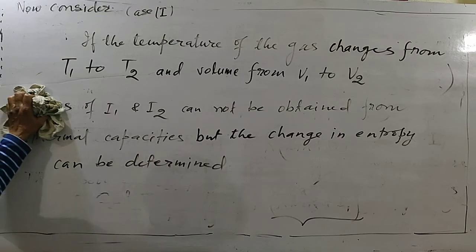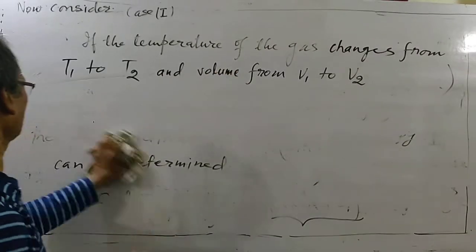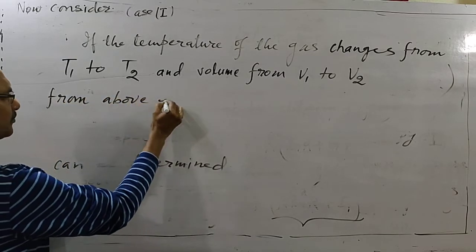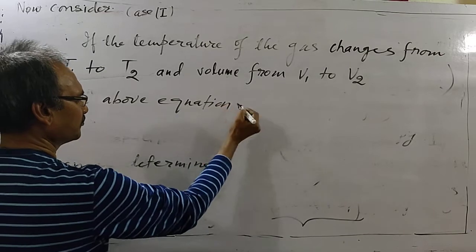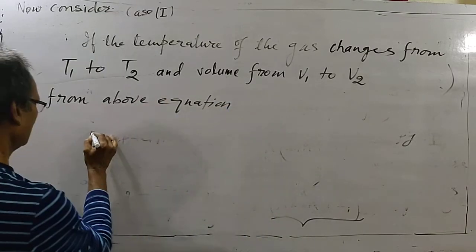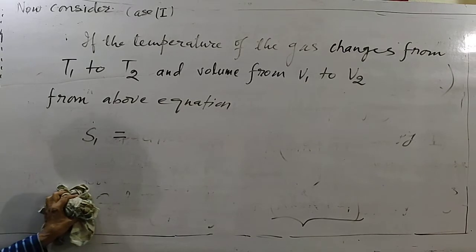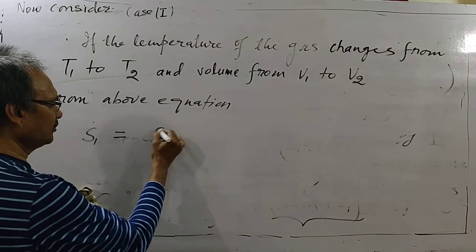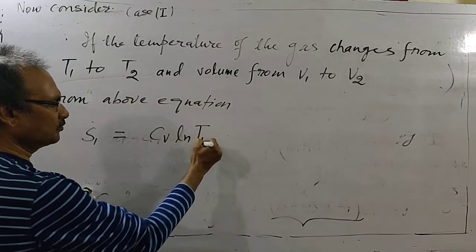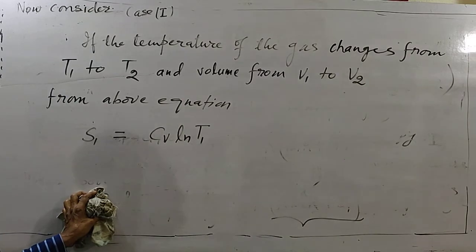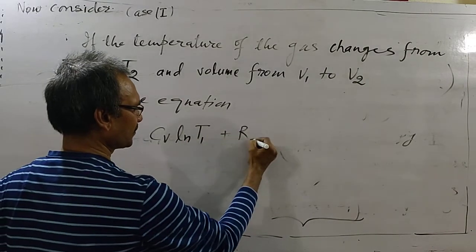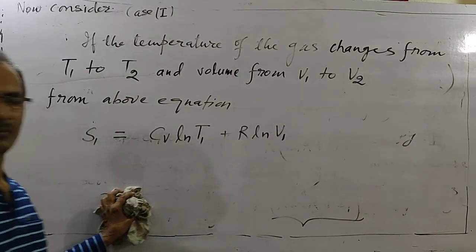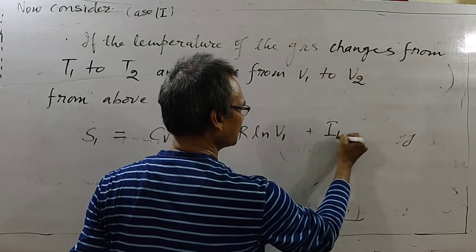from the above equation we may write entropy in this case, S1, is equal to CV ln T1 plus R ln V1 plus integration constant I1.